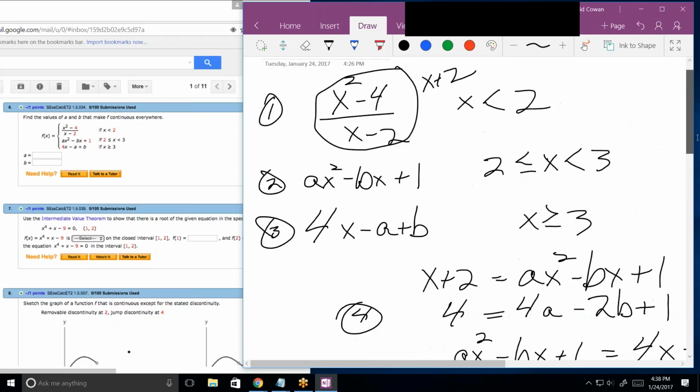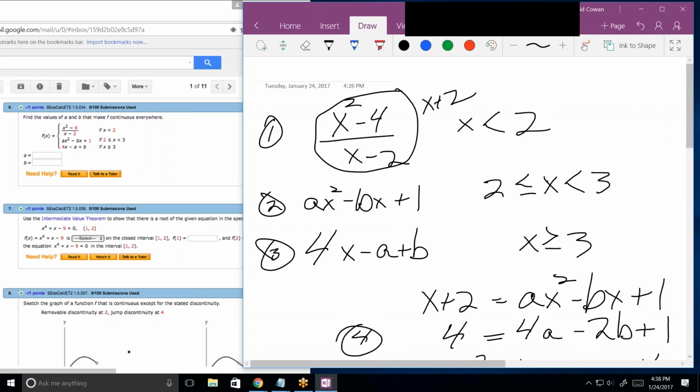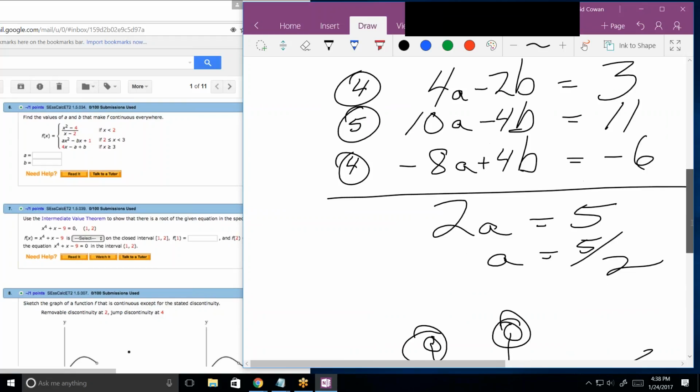I substituted x of 2, setting number 1 equal to number 2, but that didn't let me solve it. But then when I set number 2 equal to number 3 when x was 3, that generated that second equation, and now I have 2 equations and 2 unknowns, and I can solve it. Okay. That makes sense.